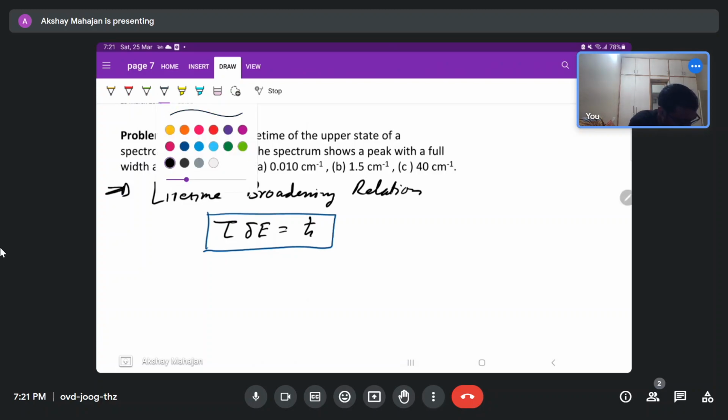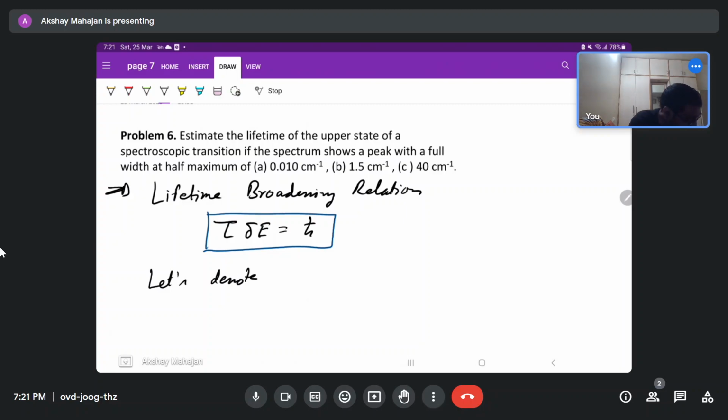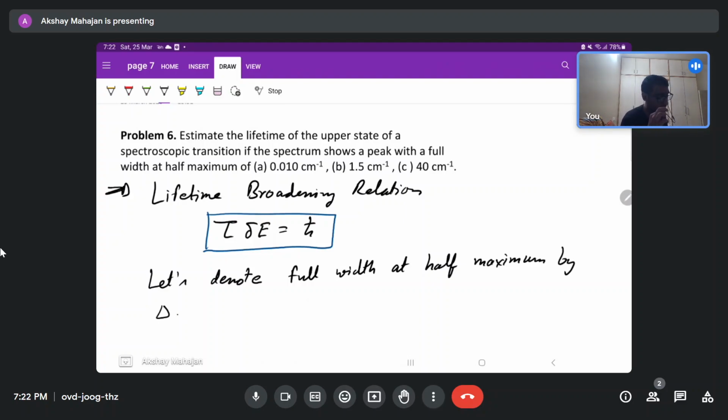So let's denote the full width at half maximum by delta, which is given as a wave number. What the problem is asking is the lifetime of the upper state of a spectroscopic transition when the spectrum shows a peak with a given full width at half maximum.